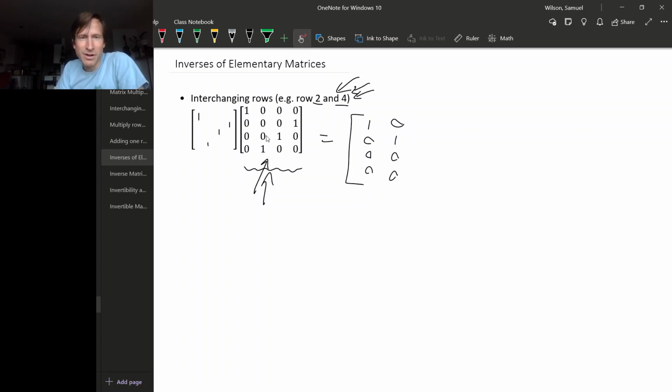And then take the third column, and you get 0, 0, 1, 0. And then the last column, 0, 0, 0, 1. And that is the 4 by 4 identity matrix. So the elementary matrices that swap rows are actually their own inverse matrices.